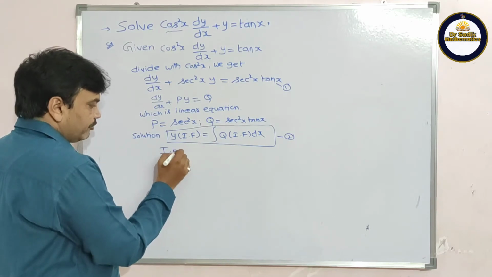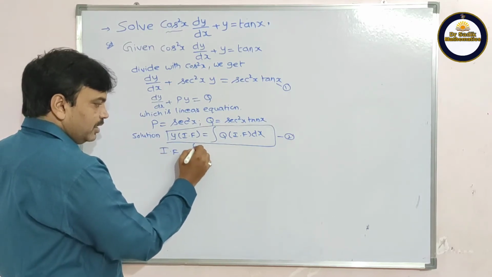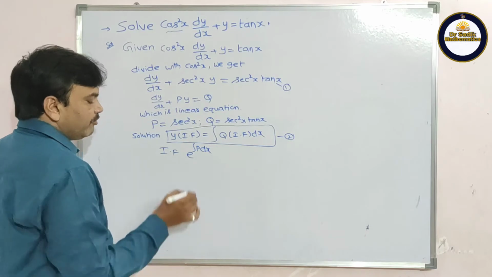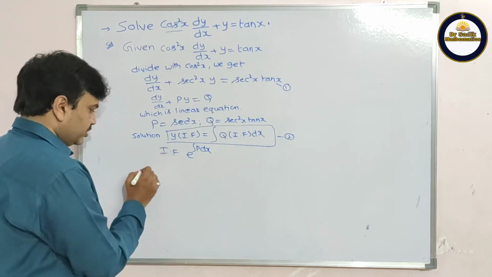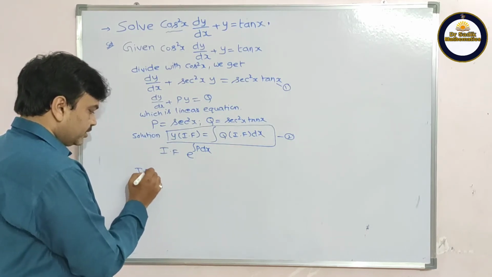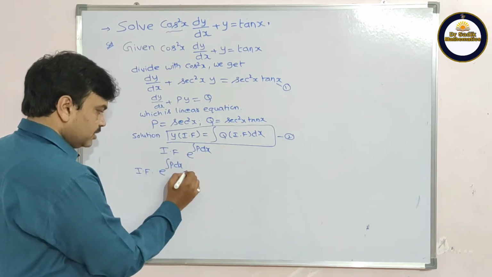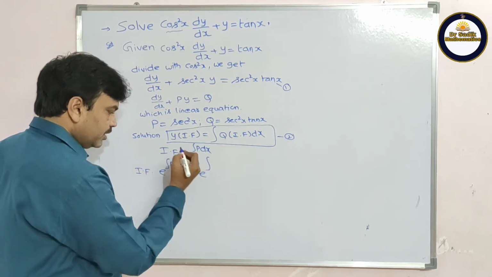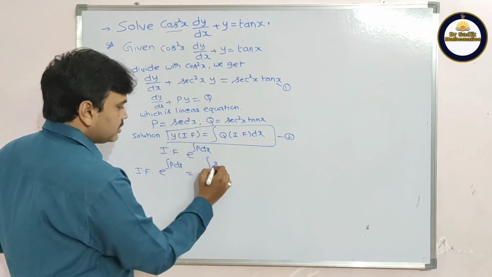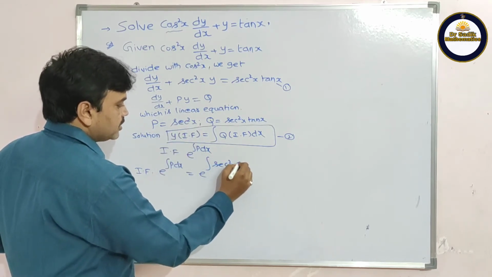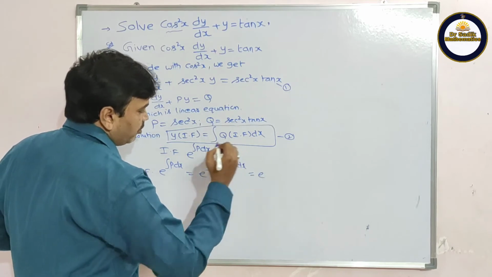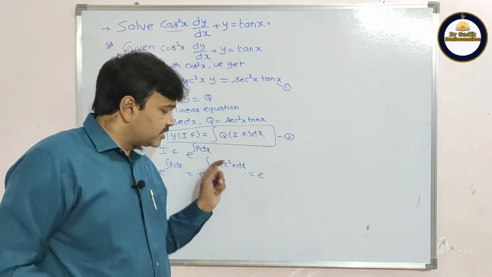Integrating factor is e power integral P dx. First I want to find the integrating factor, friends. So integrating factor e power integral P dx is equal to e power integral of secant square x dx, friends.